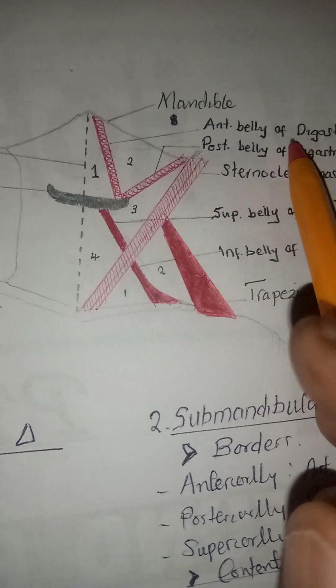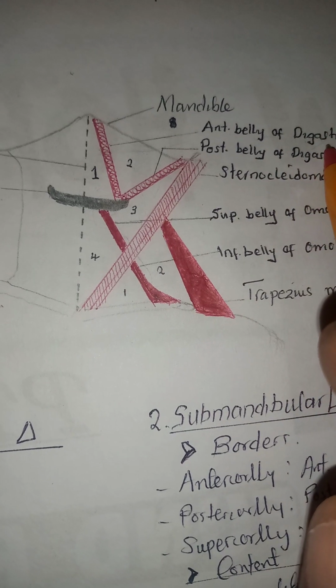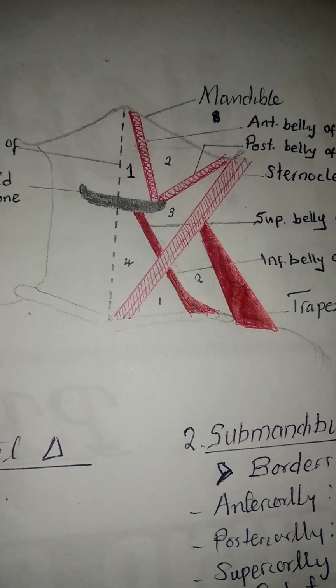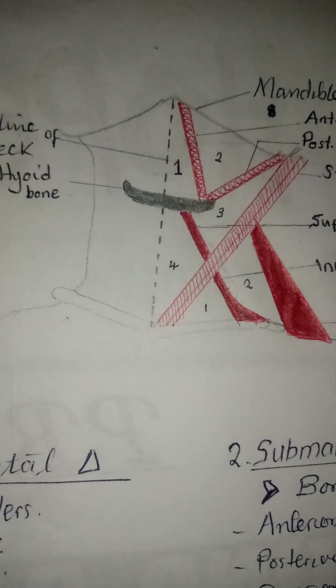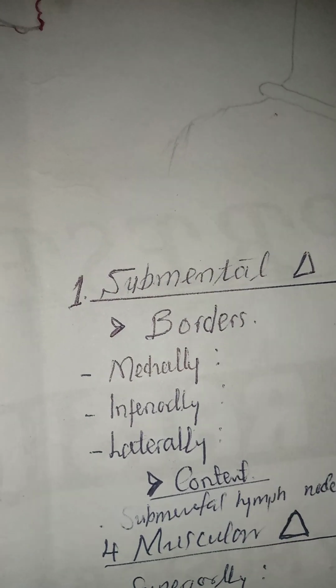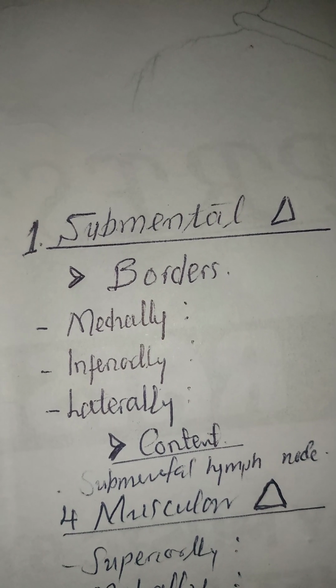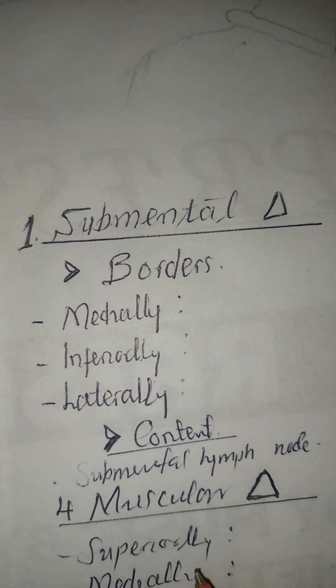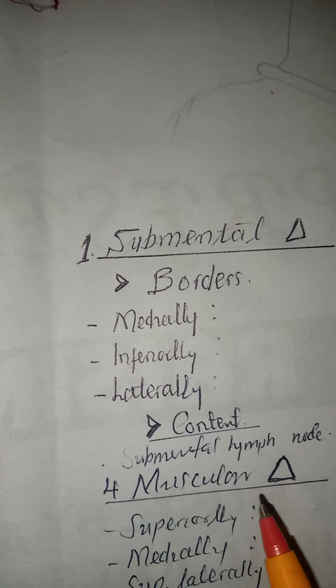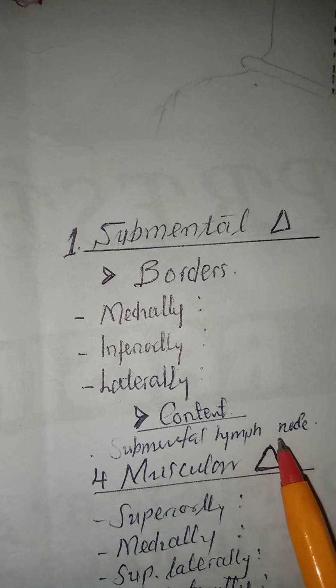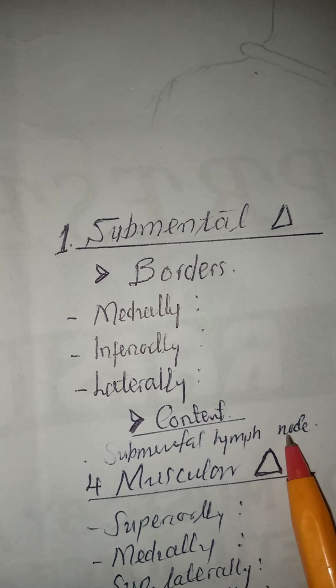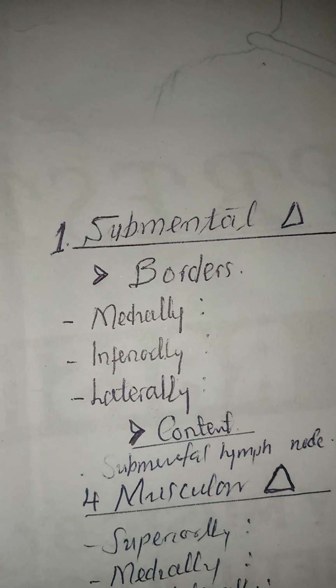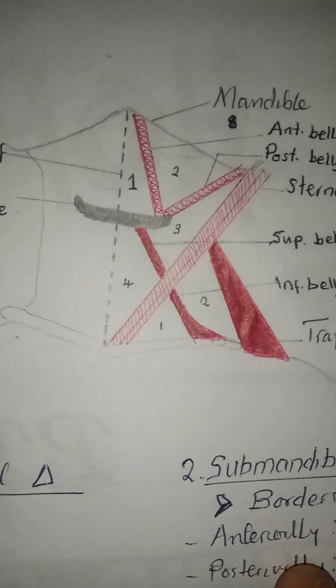So the borders are basically self-explanatory. Then the content: the main content of the submental triangle is the submental lymph nodes. That's the main content. Alright, so we are done with this triangle, and we go to the next triangle.